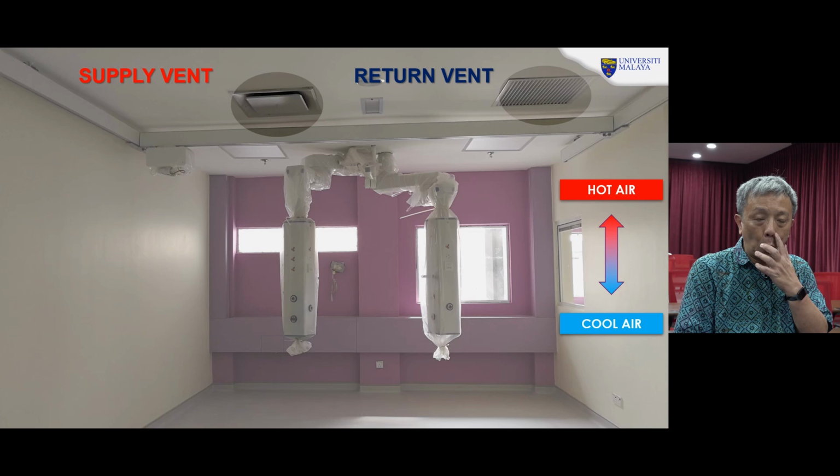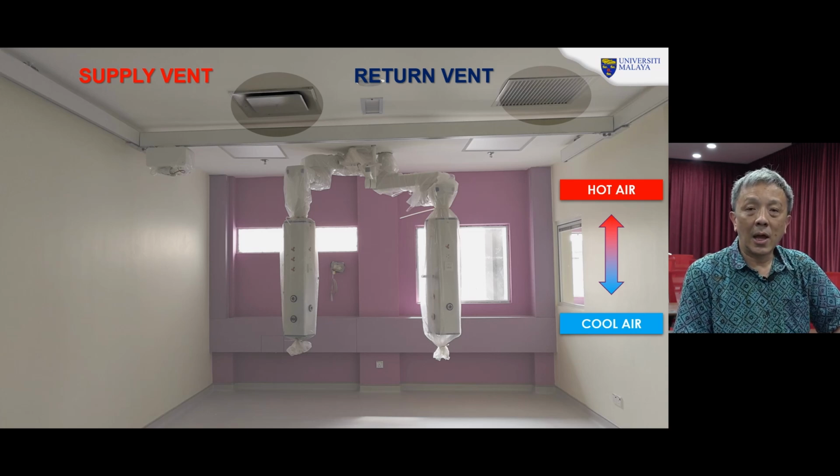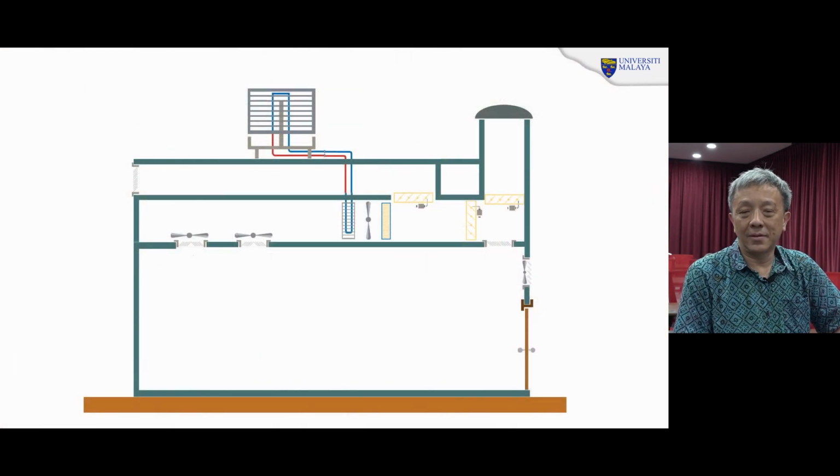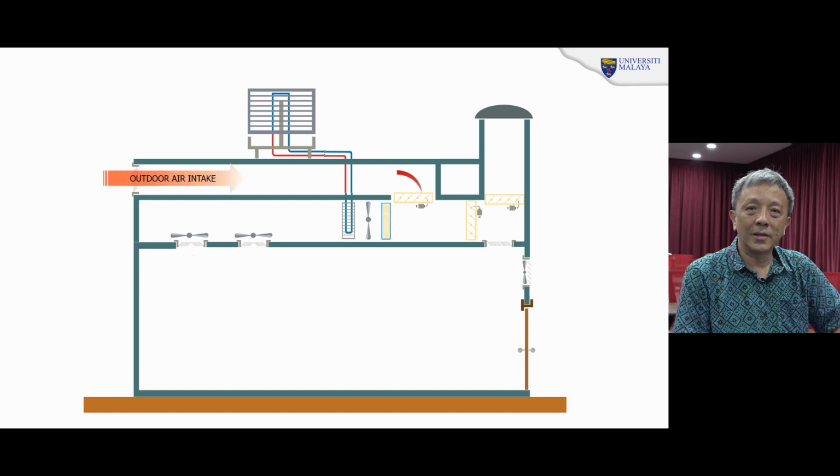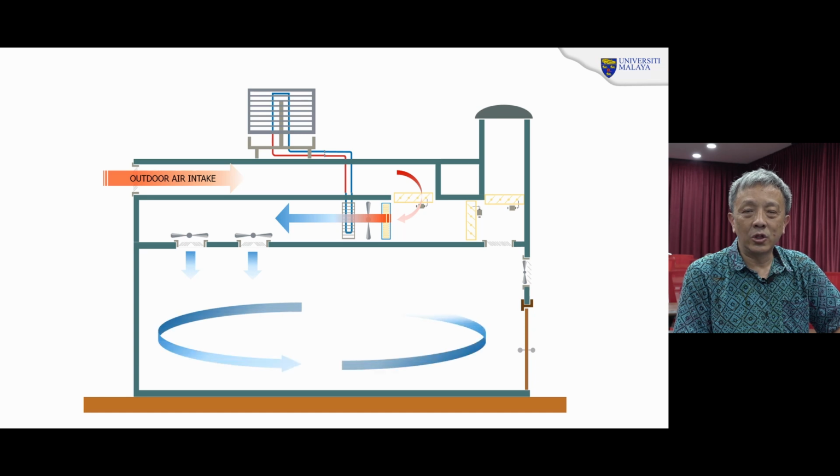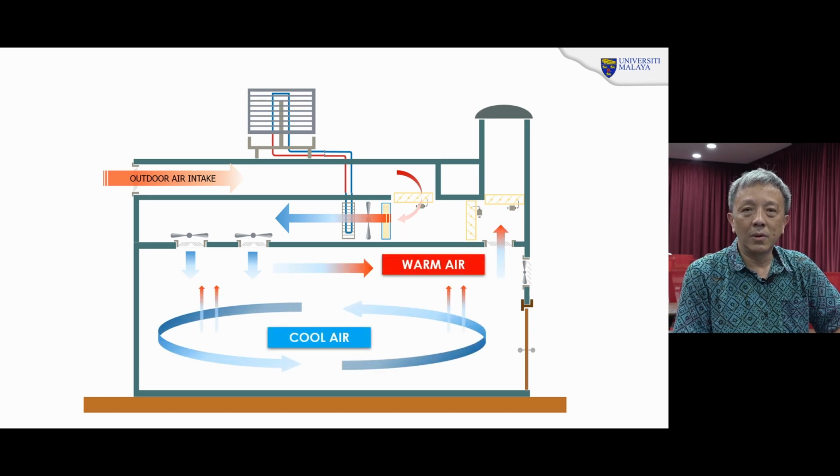The return vent usually has horizontal fins. In this picture, you will see a typical centralized air conditioning and how the air flows within it. Outdoor air is taken in, cooled or conditioned, and then circulates within the room, and after the warm air, it instantly returns to the return vent.